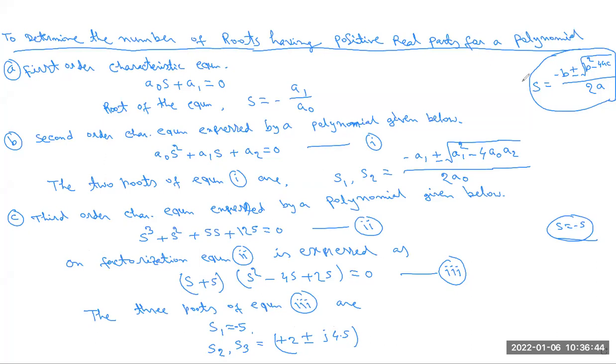Is it clear, all of you? Because this is very important when you solve problems of the Routh-Hurwitz criterion. Is it clear? No one is responding. 27 participants are present right now, but no one responds. Is it clear or not? This is very bad. Is it clear?